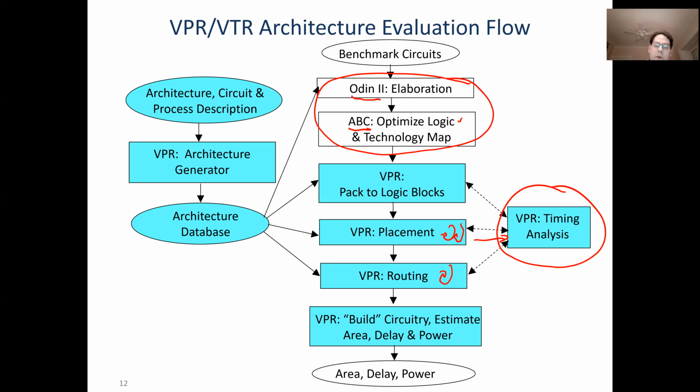Okay, so once we go through all of these implementation phases, we have to estimate how well this FPGA would work for this particular benchmark. So VPR automates a lot of the transistor level design that we did by hand.